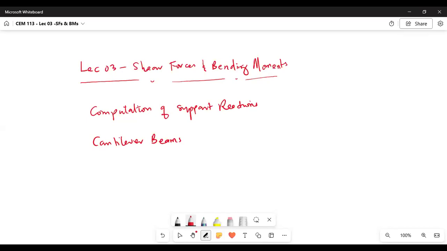Okay? All right. So under the cantilever beams, we have problem 3.6. We are going to solve that problem again. Yes, I understand we did that, that's fine, it's not a problem.